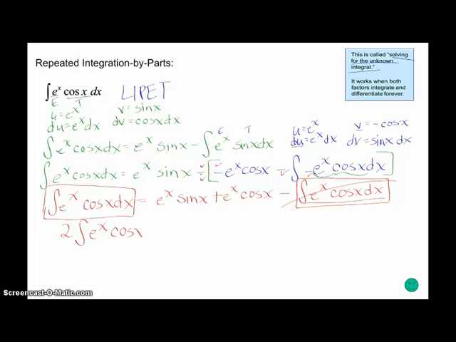And look at the brilliance of that, because look what is then happening on the right-hand side of the equal sign. I have an antiderivative function. Now that antiderivative function is for 2 times that integral that I started with. Remember, this is what I'm trying to solve for. So I'm just going to divide both sides by 2.